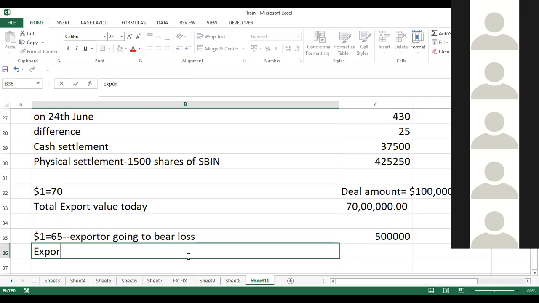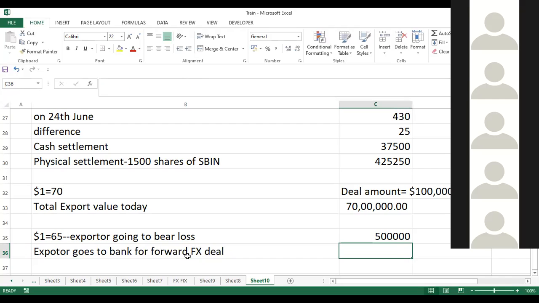So the exporter goes to the bank for a forward FX deal.